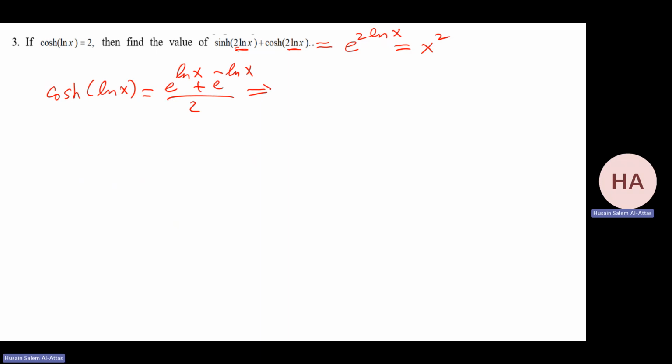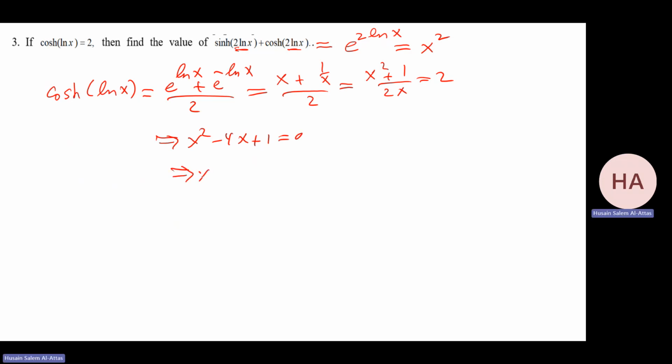That equals x plus 1 over x, over 2, which is x squared plus 1 over 2x. That equals 2. So I have x squared minus 4x plus 1 equal to 0.